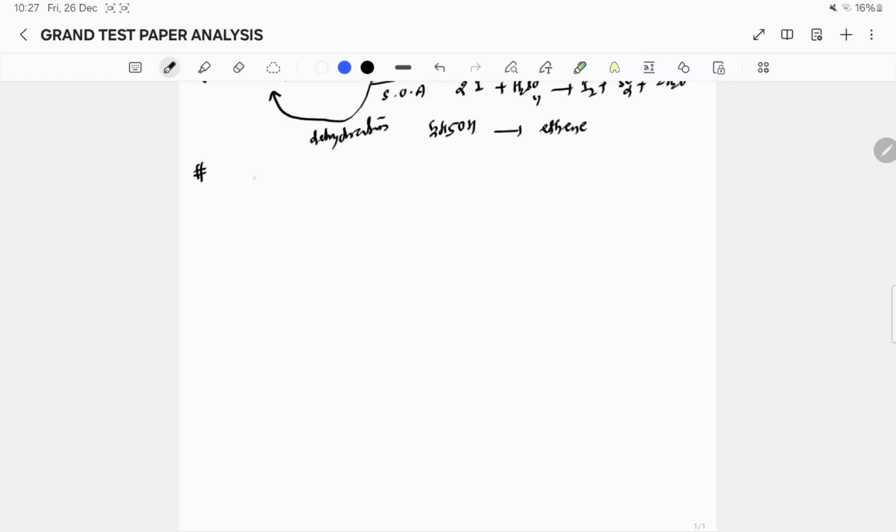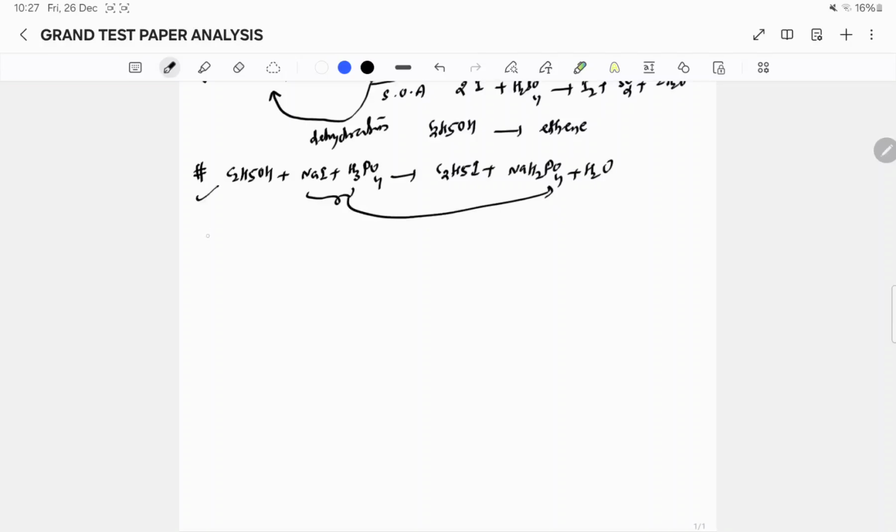H3PO4 is a weak oxidizing acid compared to H2SO4. So NaI reacted with H3PO4 will give the product C2H5I, ethyl iodide, and formation of NaH2PO4 plus H2O. So option D also produces alkyl halide.